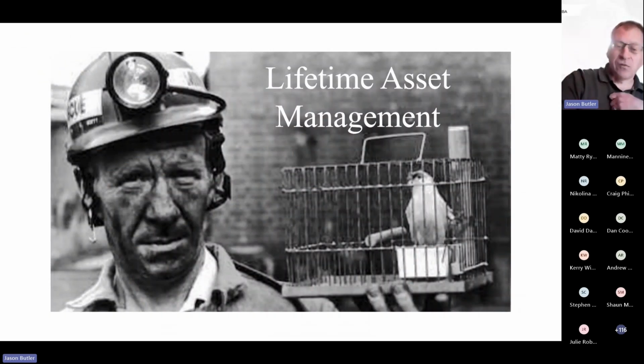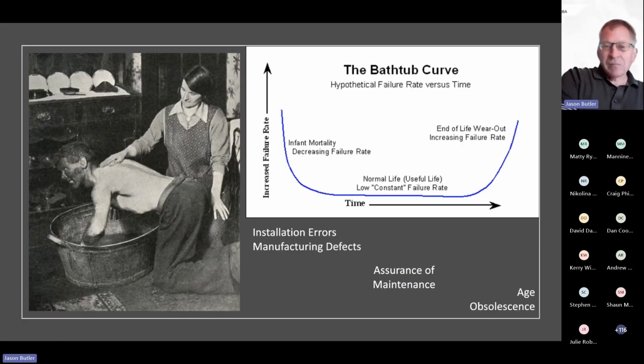It's also useful across the lifetime of your asset. So I did like this because it's just about the bathtub curve, and you do get installation errors here. So when you have new equipment put in, you've got that infant mortality piece in the failure rate.